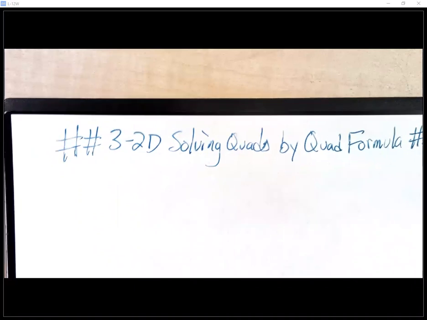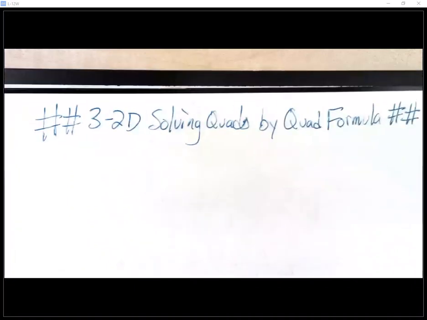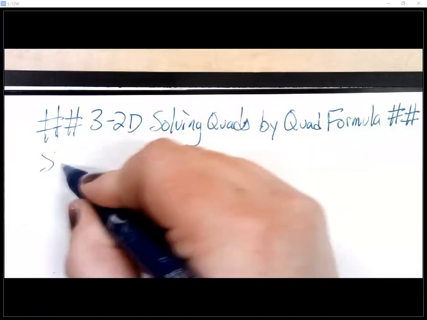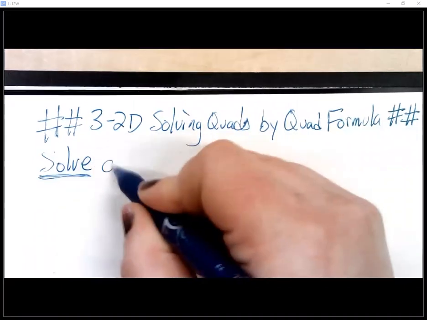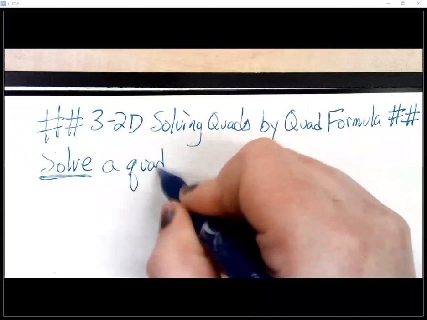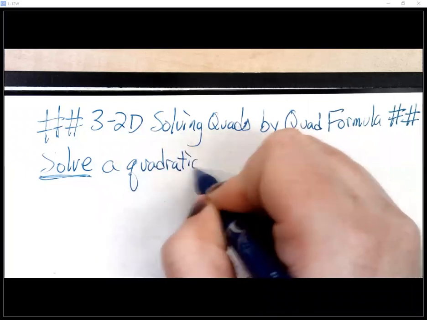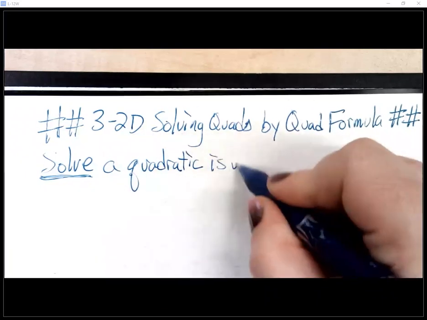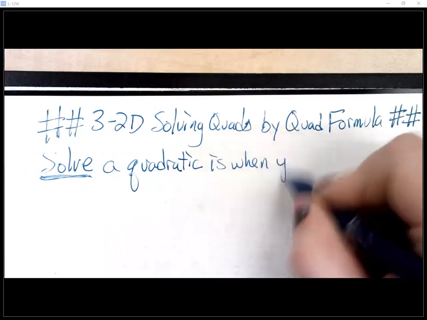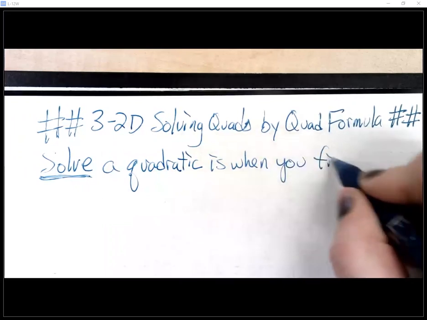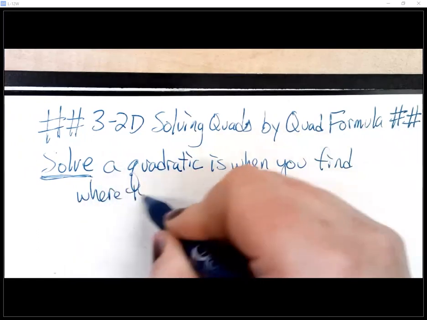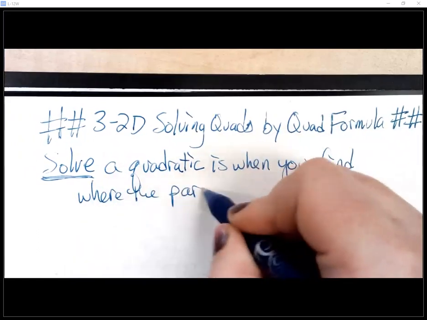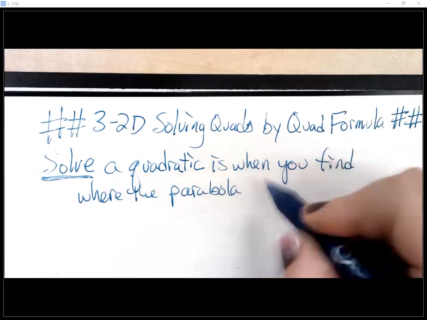So I just want to recap. When you solve a quadratic, you find where the parabola crosses the x-axis.